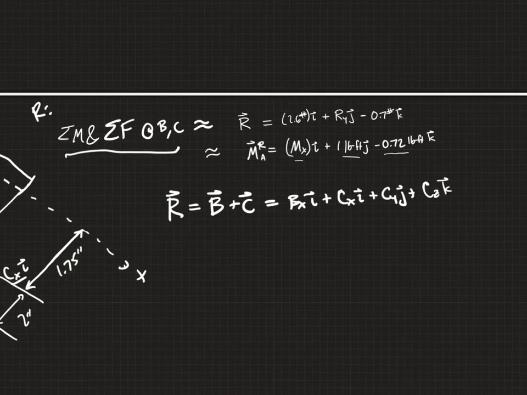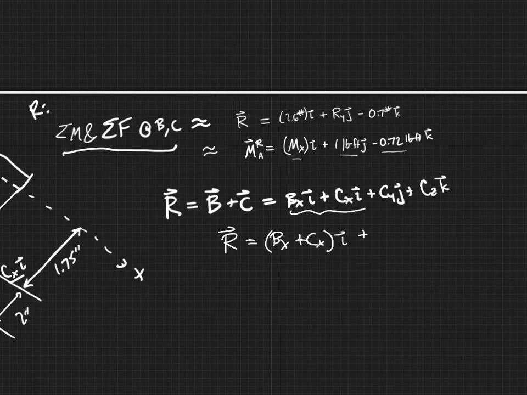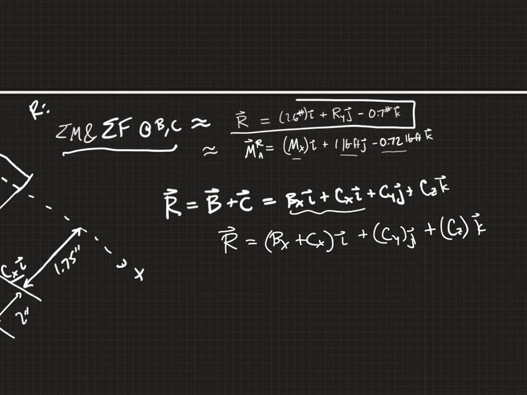And what's cool here is that if I split this thing apart, I can say the resultant is, well, these two are the x directions. So that's going to be Bx plus Cx times I, plus Cy in the J, plus Cz in the K. And if we compare that to what we know from up here, I can say that these two add up to 2.6 pounds.